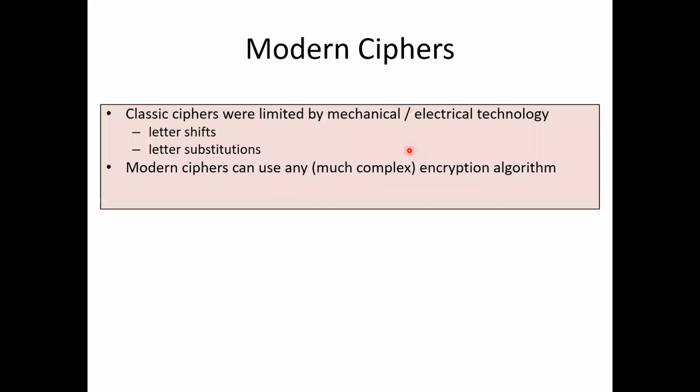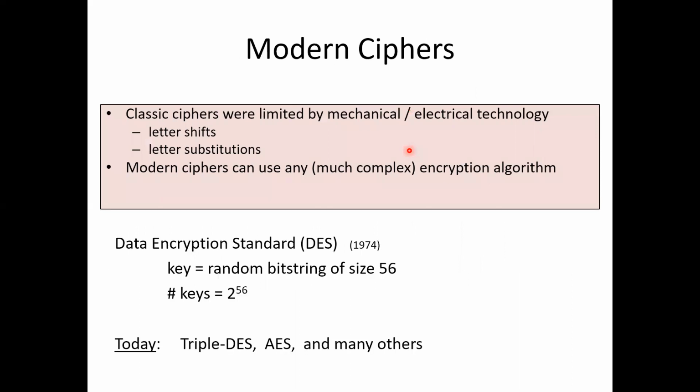You need something else, and this is where modern ciphers come in. DES, whose keys are 56-bit strings. So there is a rather large search space, although not enough for modern computers.